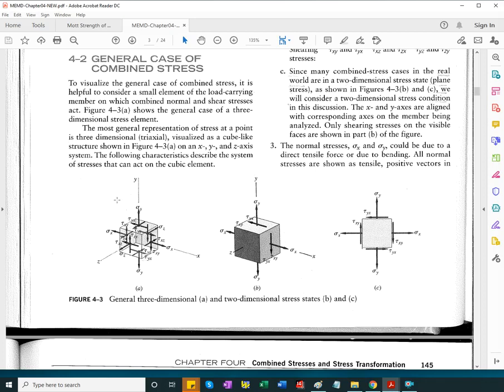In practical problems, you won't see all stresses combined. Maybe in special circumstances, intricate shape parts loaded with multiple loads along different orientations.